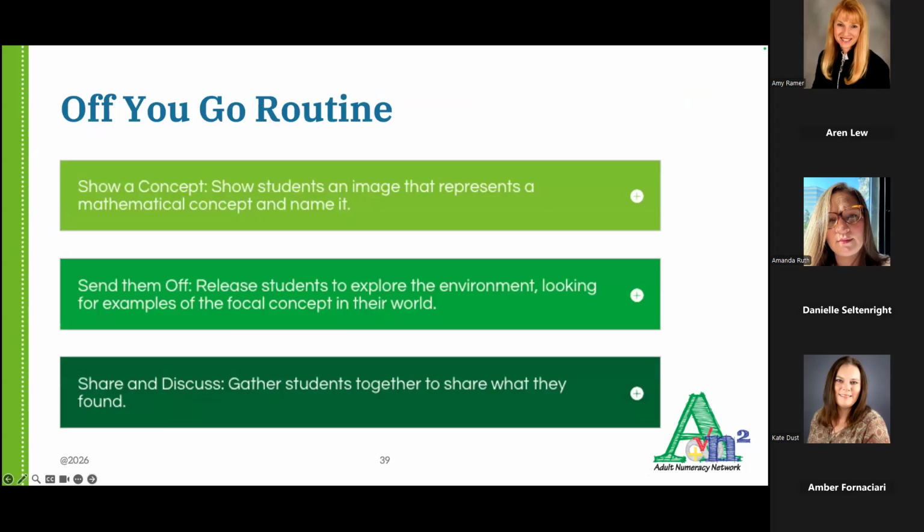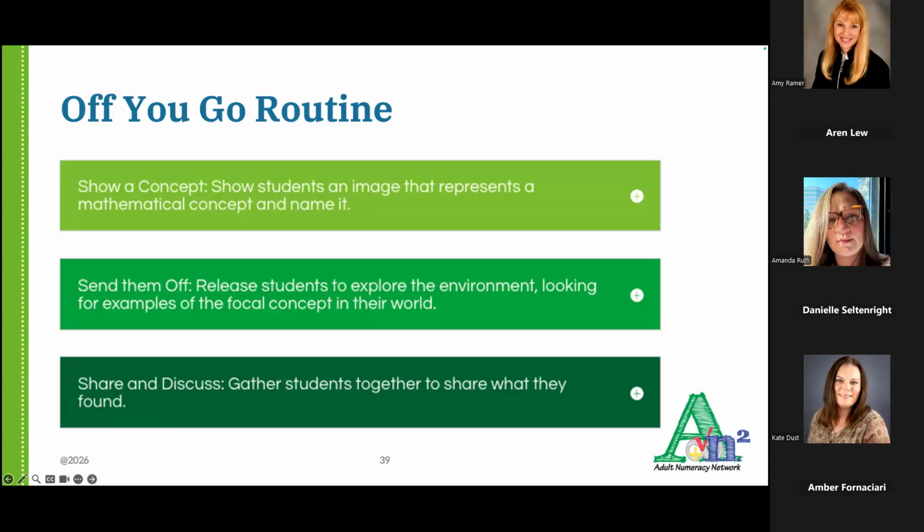So the off you go routine is simply this. We'll give you links to it when you get to sharing an Adult Numeracy Network slide. So you're showing the concept, and by this I just showed one window picture, but then if you went a little bit later on to the Padlet, you started seeing other examples.